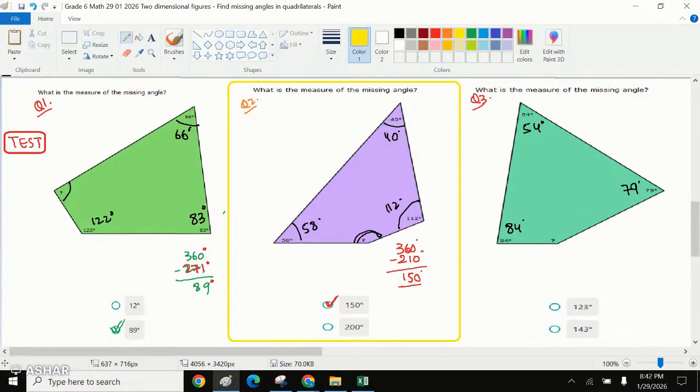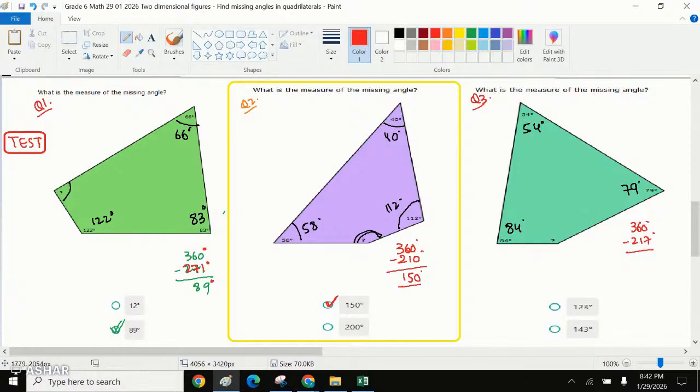Okay, what about this one? This, I think this should be 360. Yeah, I know. You meant 89. It's okay. Question number 3. 84 plus 54 is 138 plus 79. That would be, you're welcome, always welcome.